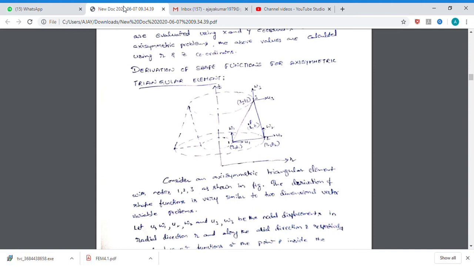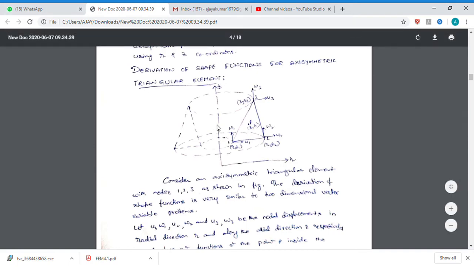Here also, suppose I take a frustum of a cone type of solid object, a hollow cone type of solid object. In this particular case, I selected one simple triangle element, node 1, node 2, node 3. This is the axial direction, that is the z axis. This is the radial direction, that is the r axis.